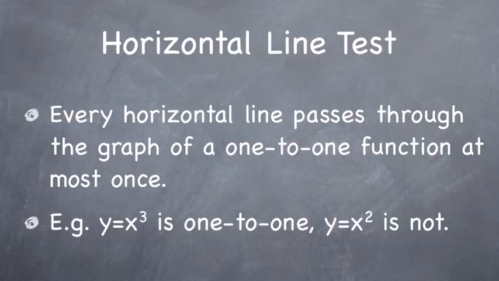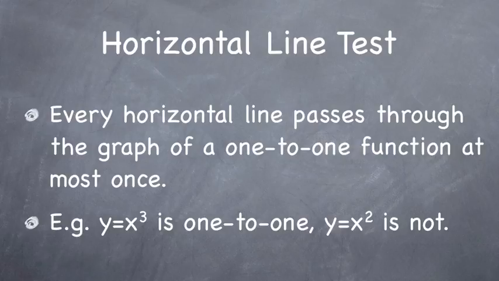For example, if you recall what the graph of y equals x cubed looks like, the weird little curvy graph, any horizontal line that you draw on that graph is going to pass through it once. There's no way you can draw a horizontal line that passes through it twice or more. Therefore, y equals x cubed is going to be a one-to-one function.